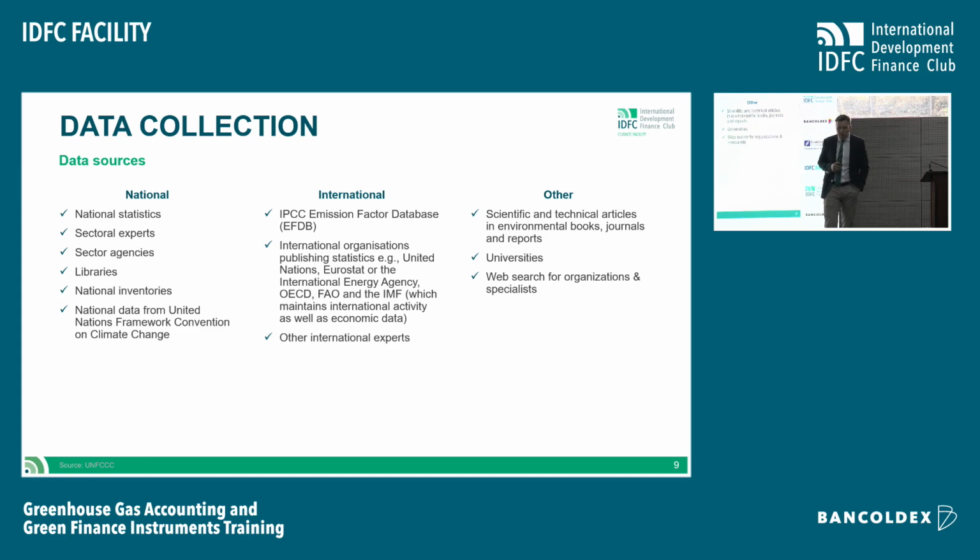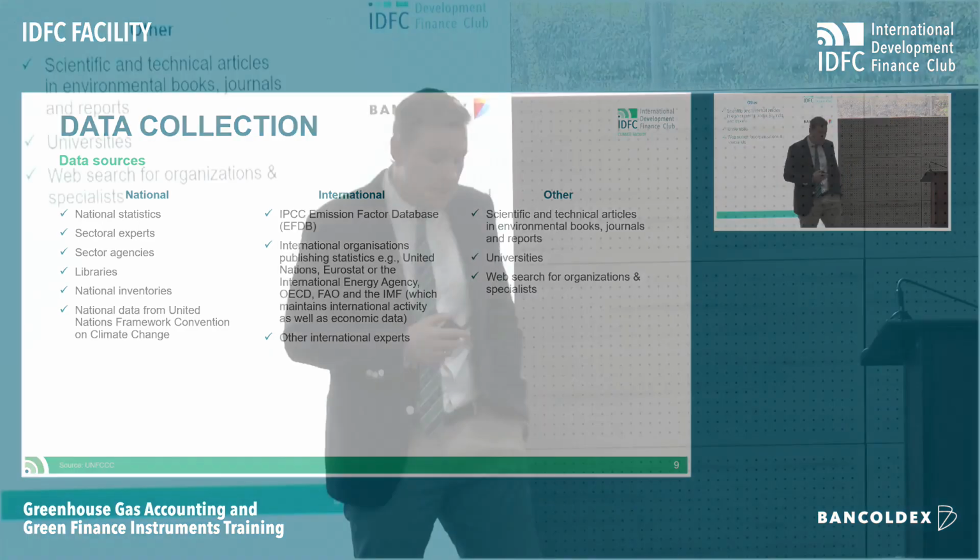In Europe, we use Eurostat very often. Also, the International Energy Agency has a lot of publications that might be very helpful. OECD has a lot of data. FAO, which is the Food and Agriculture Organization. And sometimes there are some interesting documents from the IMF that I also used in the past.